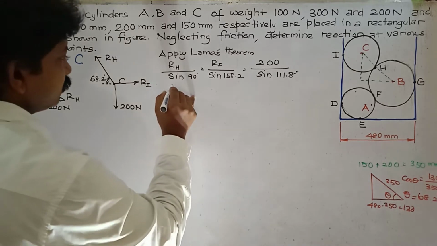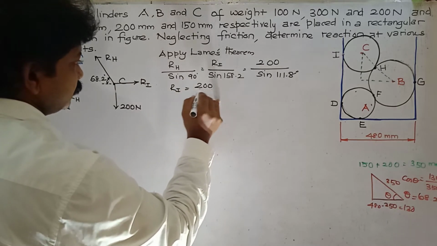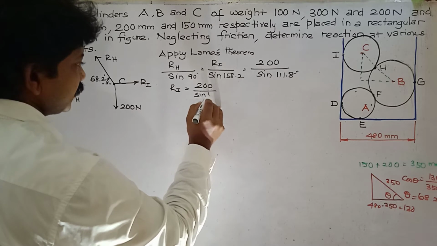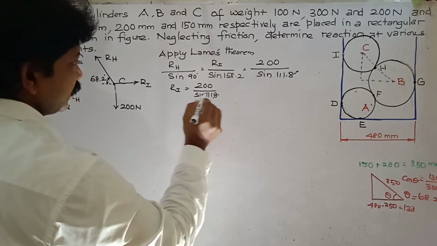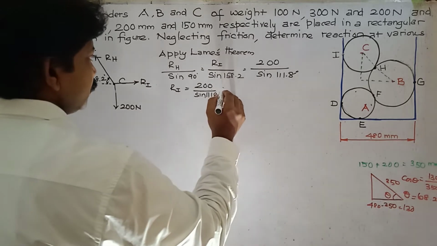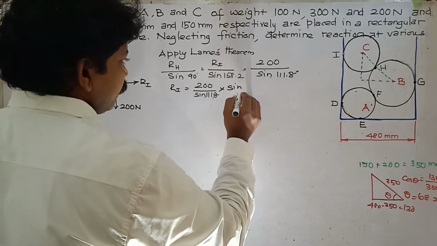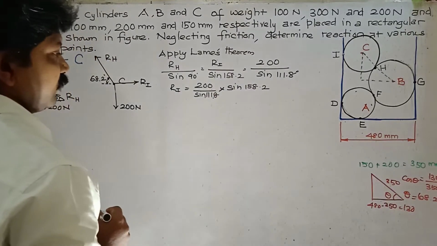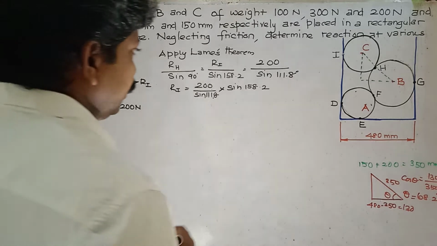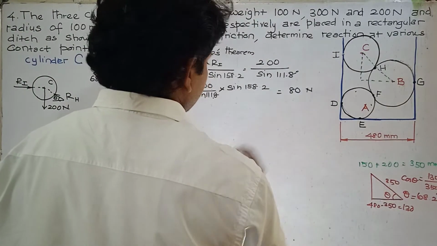RI equals 200 divided by sin 111.8 into sin 158.2. So from that RI equals 80 Newton.